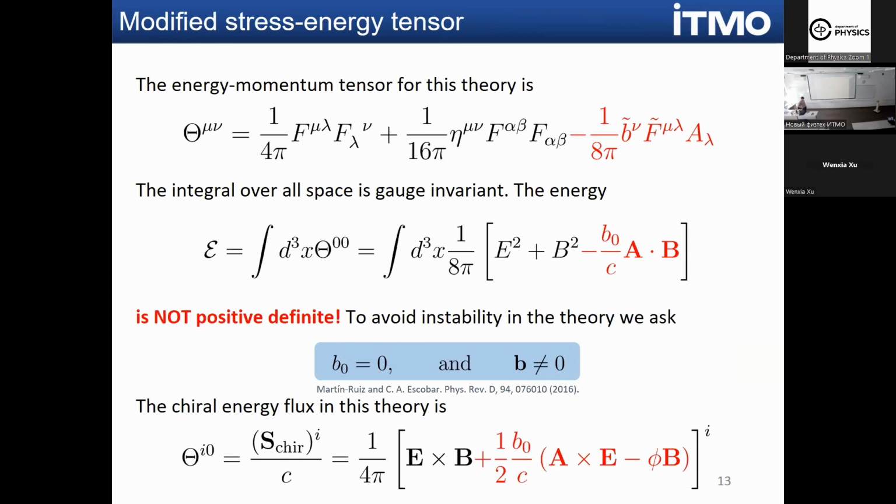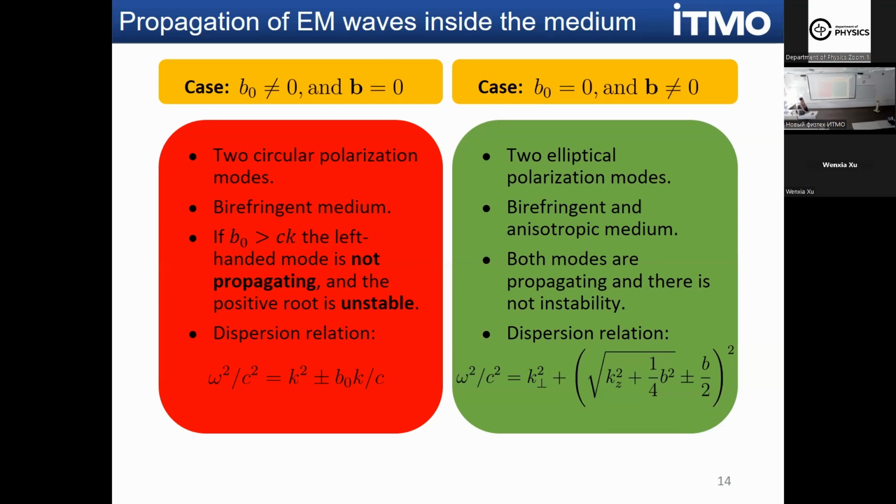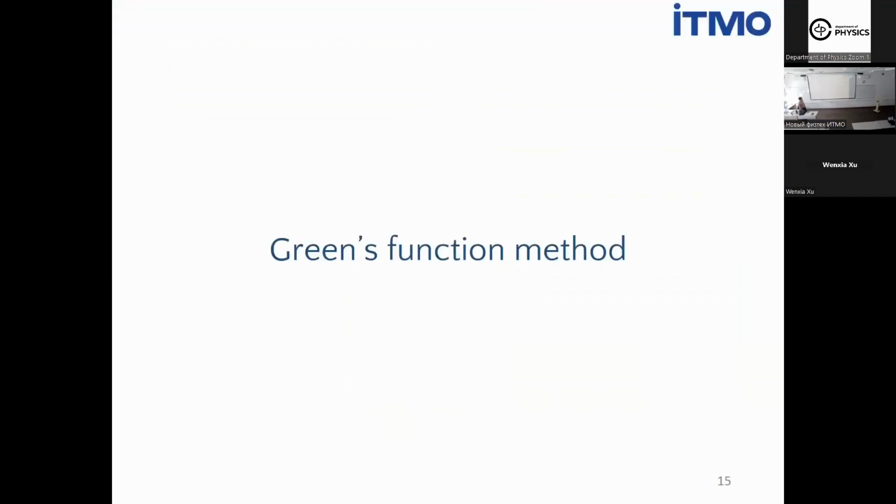If you consider both B0 and B, I haven't put a point here because I didn't find the expression for the dispersion relation that I calculated, but it appears that you don't have instabilities, but it's very, very hard to calculate the Green's function. So when you have both, probably you can avoid these instabilities. I don't know yet. Maybe we will do some research about this in the future.